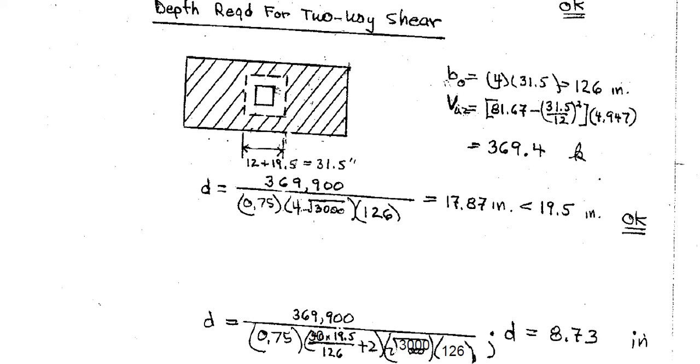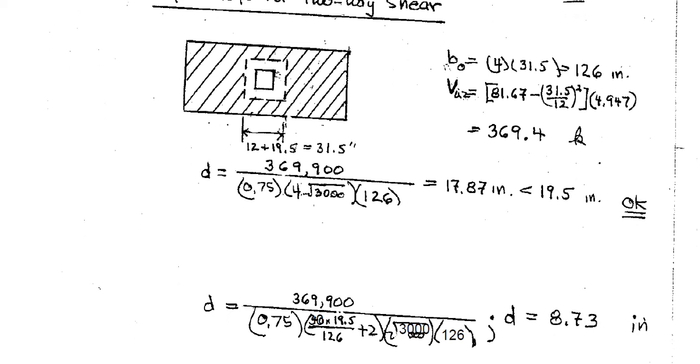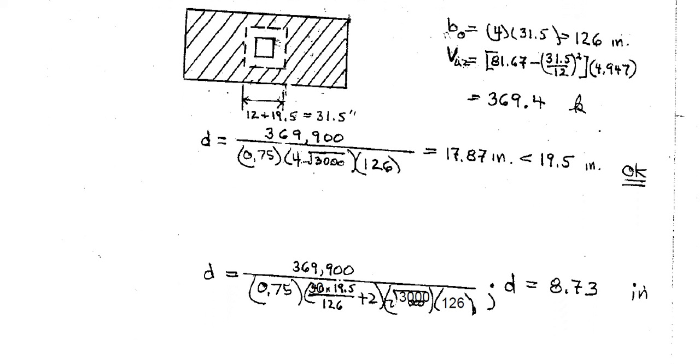Now we know that there are two equations for punching shear capacity. One is punching shear equals phi 4 square root f prime c b naught, where b naught means the perimeter. The other equation is phi times (alpha s d over b naught plus 2) square root f prime c b naught.